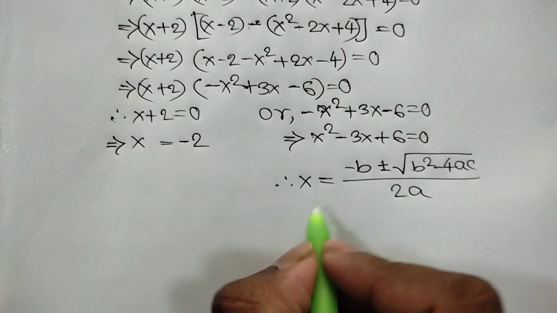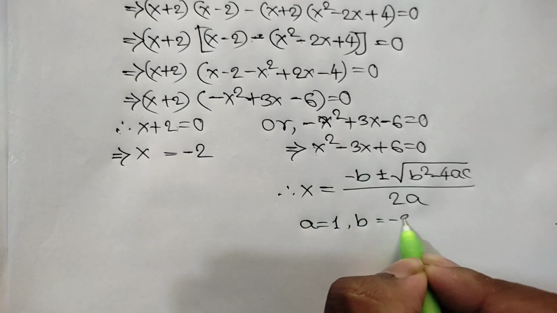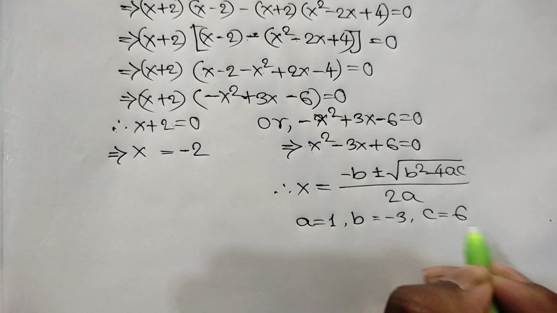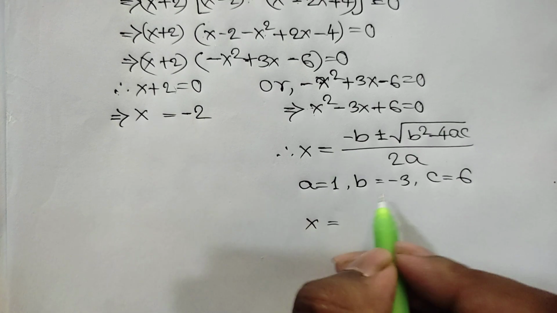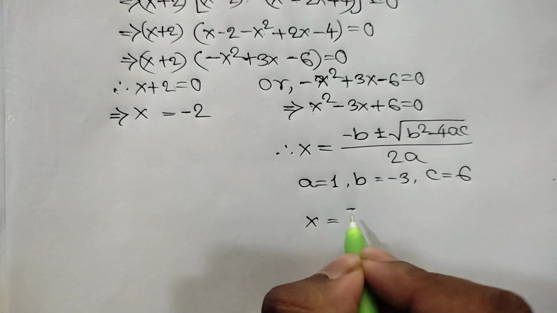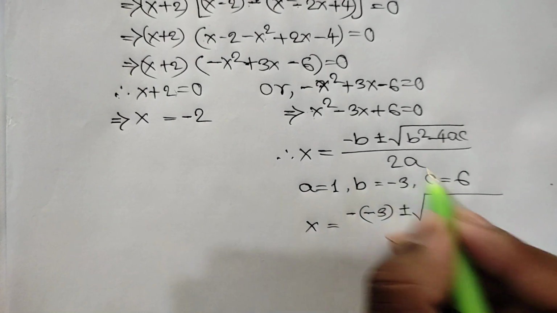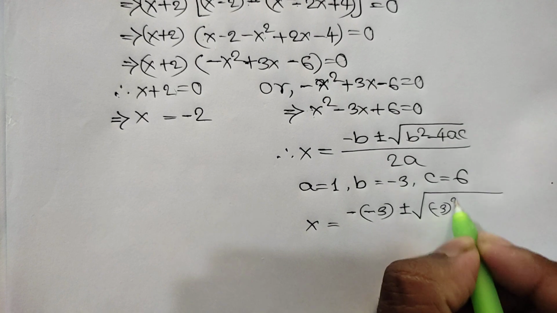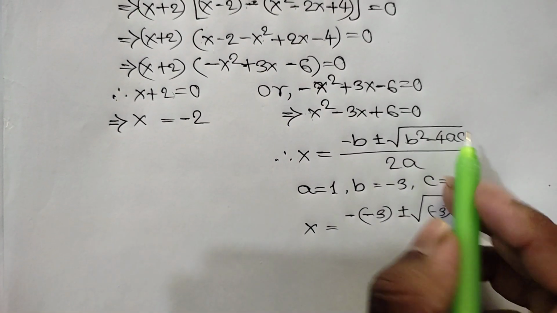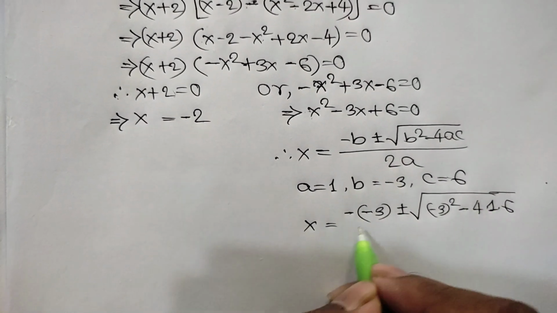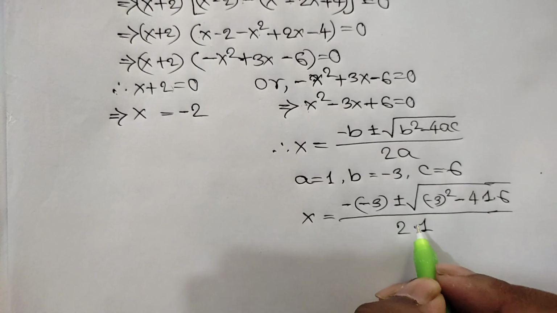Here a is equal to 1, b is equal to negative 3 and c is equal to positive 6. So x is equal to minus b, so b is equal to minus 3, so we can write minus 3 plus or minus square root of b, that means minus 3 square, minus 4, that a that means 1 and c that means 6, over 2 times a that means 1.